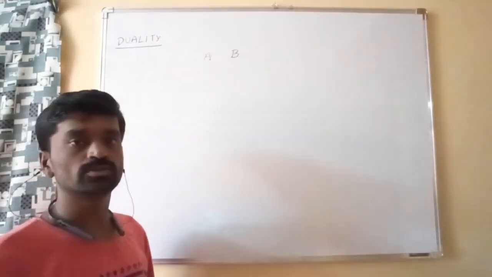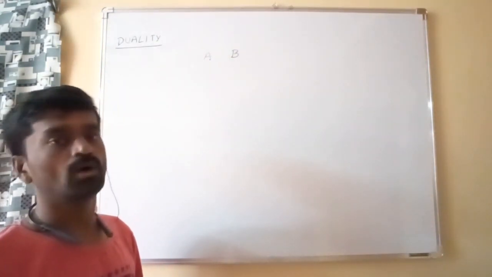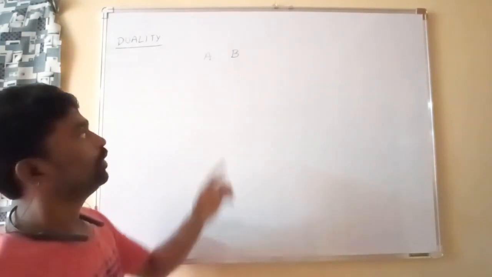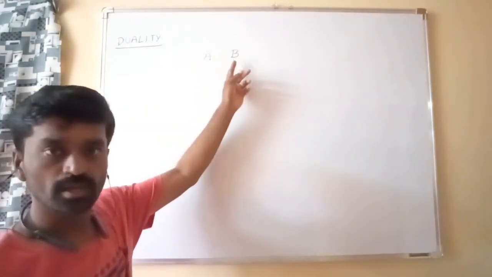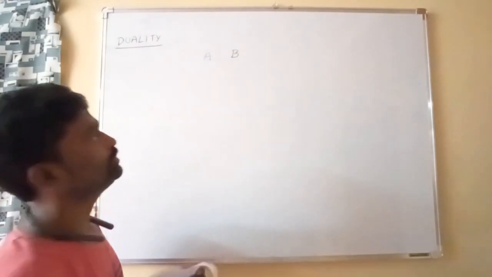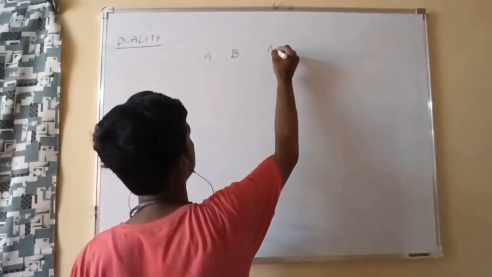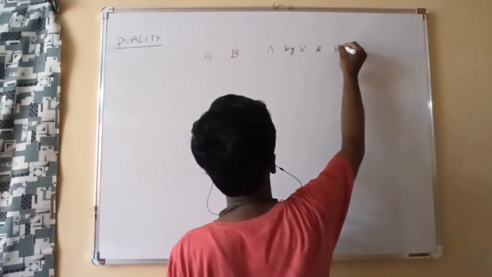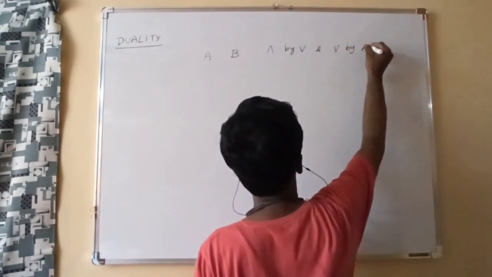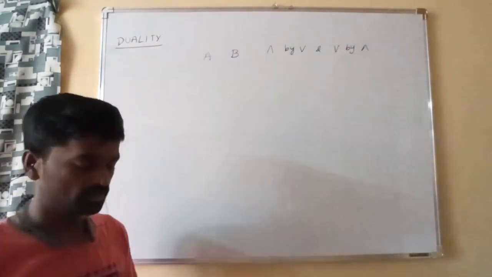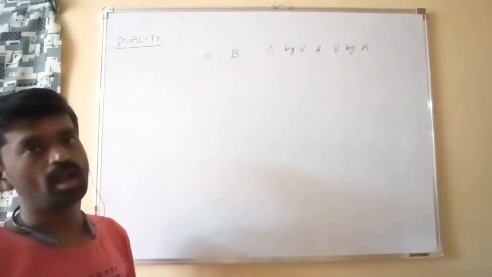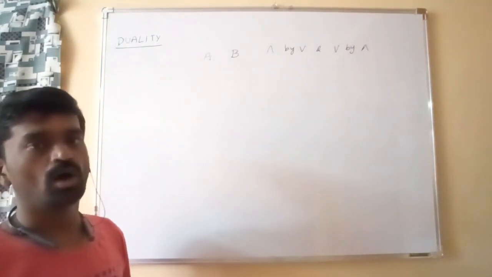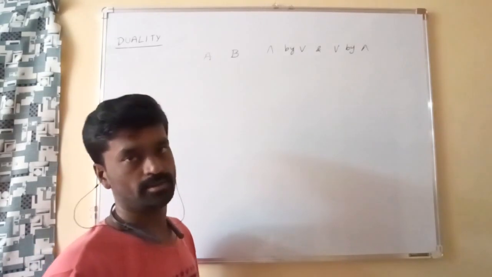We say that these two compound statements are dual of each other if one statement can be obtained from the other by replacing the and symbol by the or symbol, and the or symbol by the and symbol.